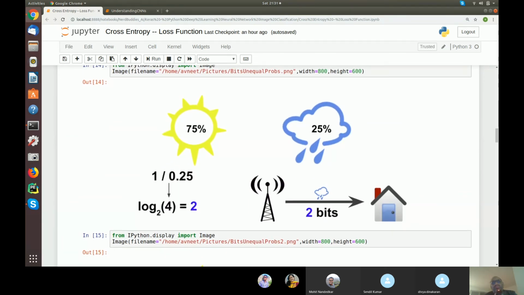Now, what if the outcomes are not equally likely? So there is one event which is rain, which happens only 25% of the time. So you have an event which is very unlikely. For an event which is very unlikely, the probability is very low.